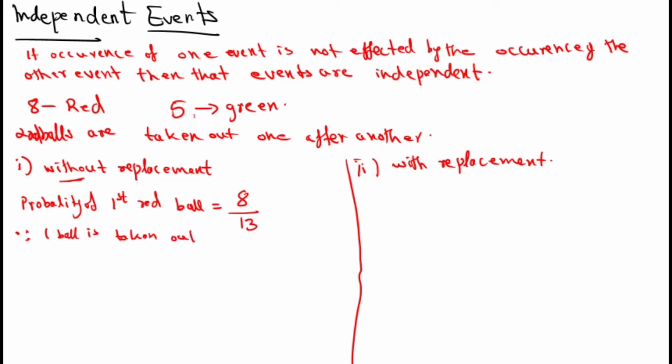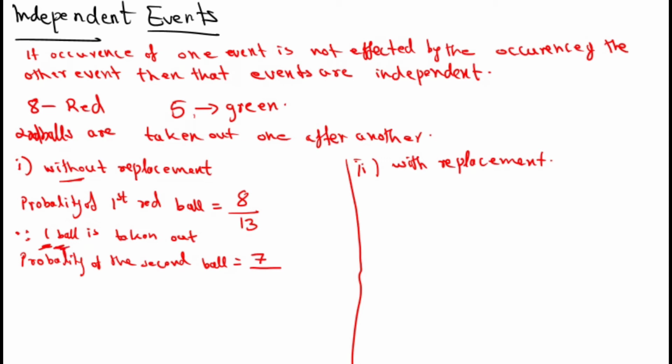Then probability of the second ball is equal to, what's the probability of the second ball? From the 8 red balls, you are taking one red ball outside. That time the remaining red balls are 7, divided by, from the 13 balls you are taking one ball outside, right?